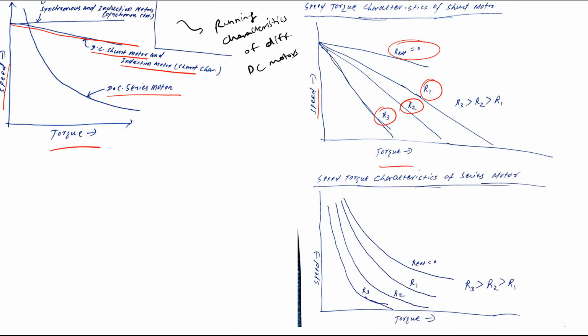As we increase the resistance, our speed torque graph gets more positive.